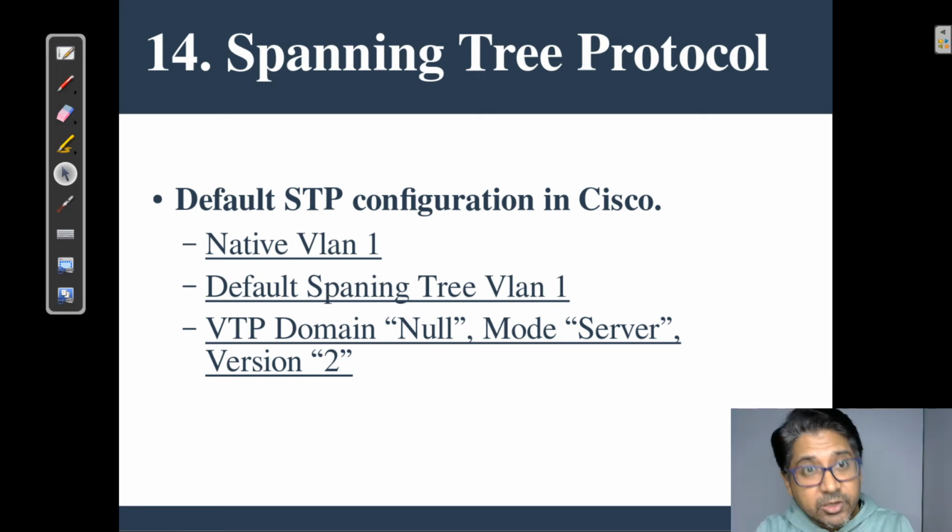So let's understand. I'm not going to do any configuration. Let's understand what things are available by default in a spanning tree. A spanning tree has a few things: native VLAN 1, default spanning tree for VLAN 1, VTP domain name null, and mode is server. Let's understand each and every terminology, and we're going to study these things twice, thrice.